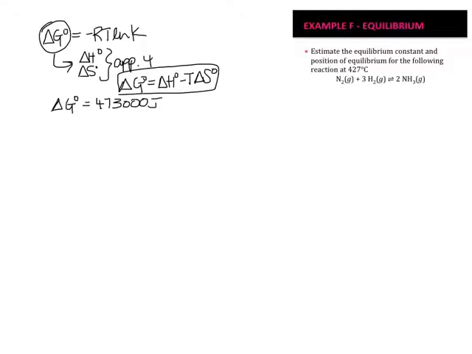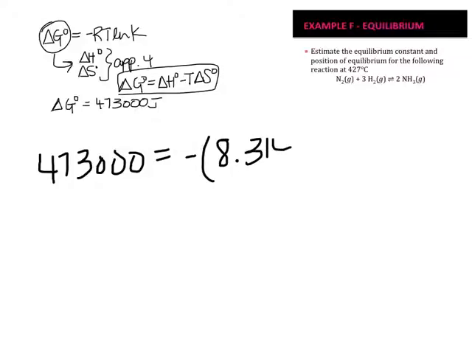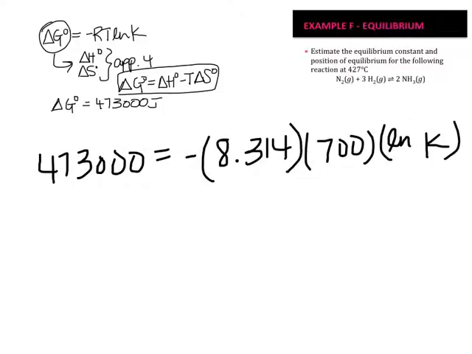So now I have that delta G, 473,000, equals negative R, 8.314, times T, which is 427 plus 273, so that's 700, times the natural log of K, and we're solving for K, okay?